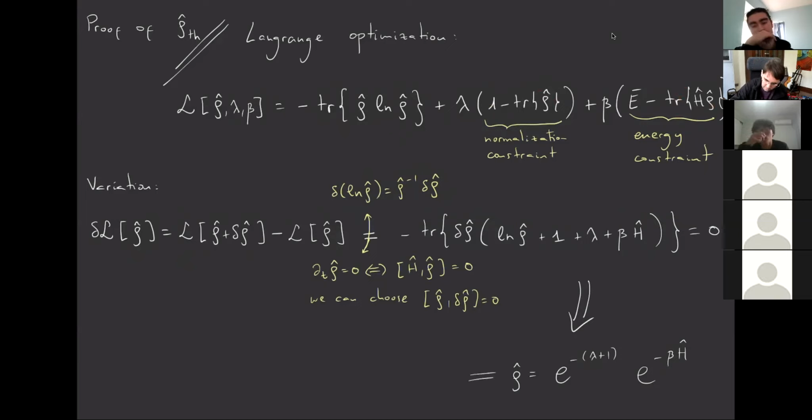So from the constraint of trace of rho equal to 1, we find exactly what we expect, that all this factor, the exponential of minus lambda plus 1, is equal to 1 over the trace of the exponential of minus beta h in the denominator.